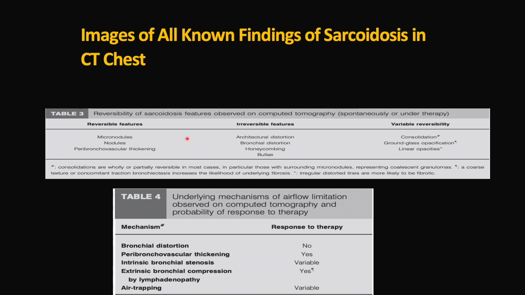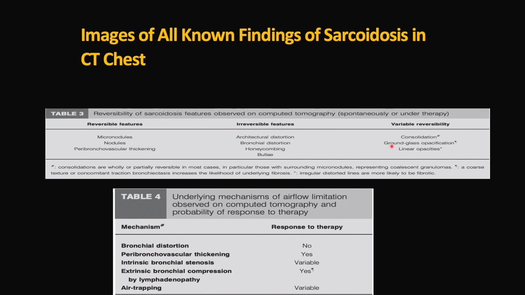Also, it's to be remembered that there are certain features in a sarcoid CT scan that are reversible. So you may see micronodules which are not visible in subsequent scans later. The peribronchovascular thickening can disappear as the stage of sarcoidosis changes. But what's irreversible is the architectural distortion, honeycombing, and bullae.